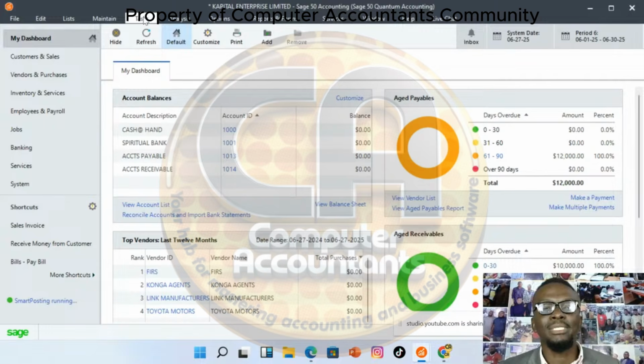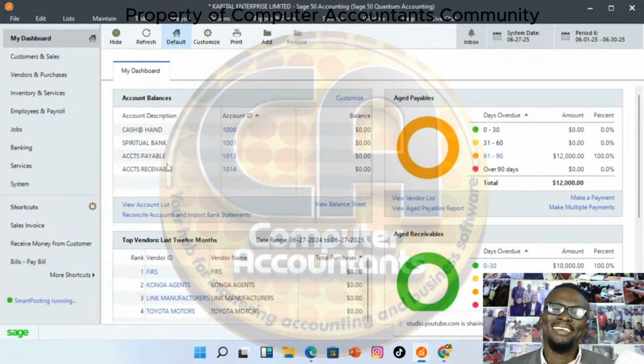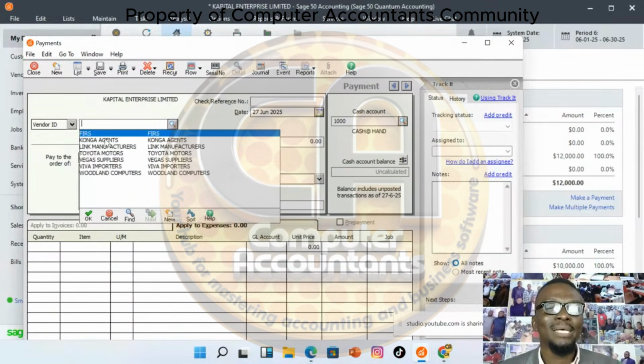You go to tax and select payment. Money is going out in full. So you select payment. Okay. Here we are. Fortunately, the name Konga agent is in our system.